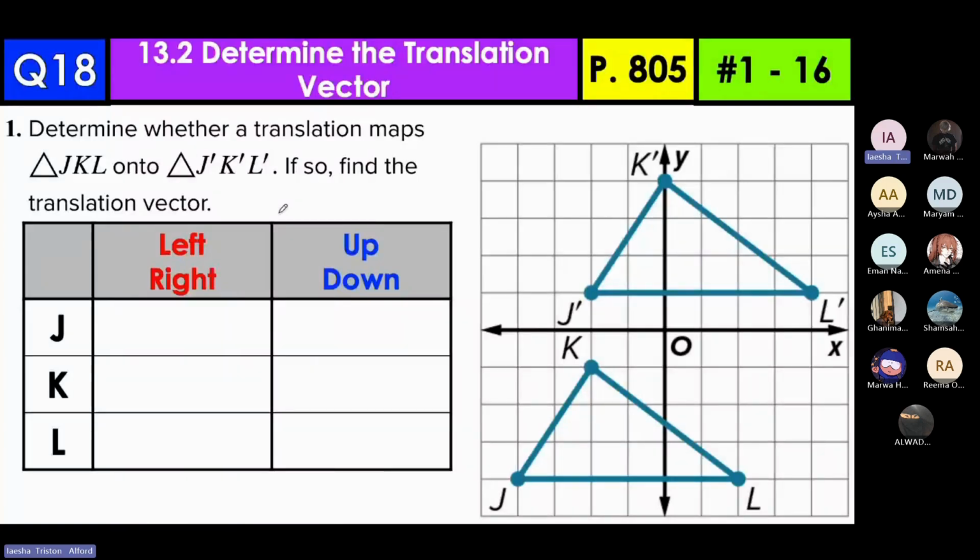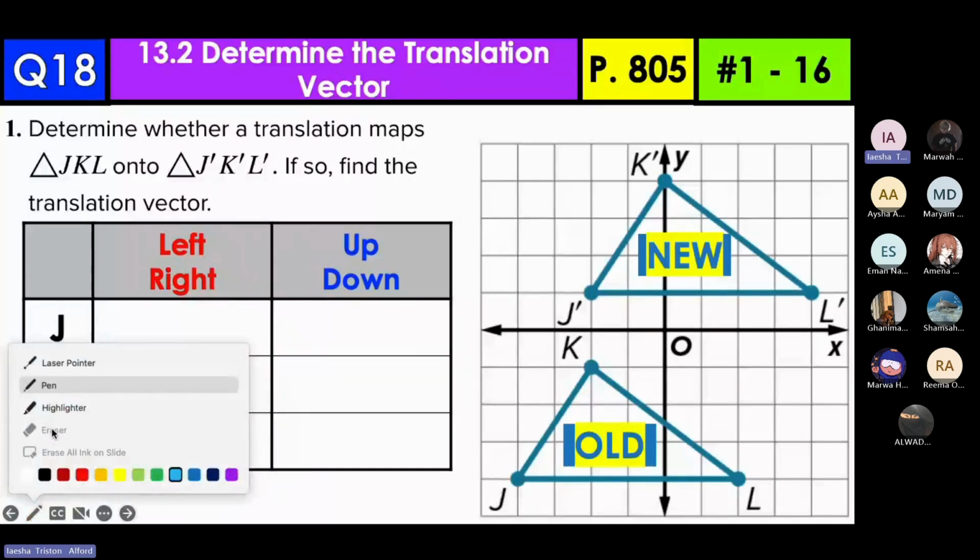Which one is new and which one is old? Without the prime is the old. The new have prime and the old are without prime. Now you have to see the movements to get from the old one to the new one.